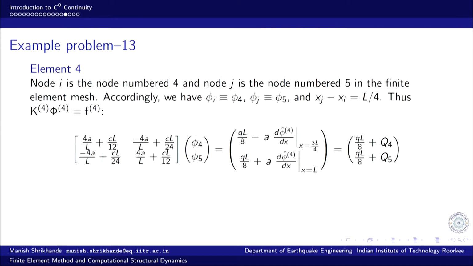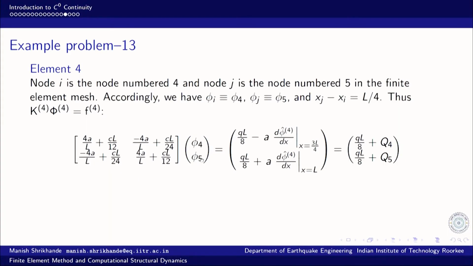And then finally, element number 4 is similarly defined by nodes 4 and 5, and the primary variables correspond to the variable at node 4 and at node 5. So, phi 4 and phi 5, and that is what the element level equations are.